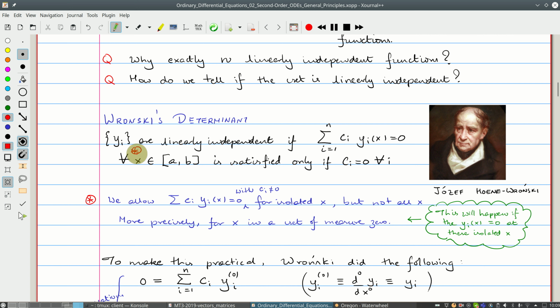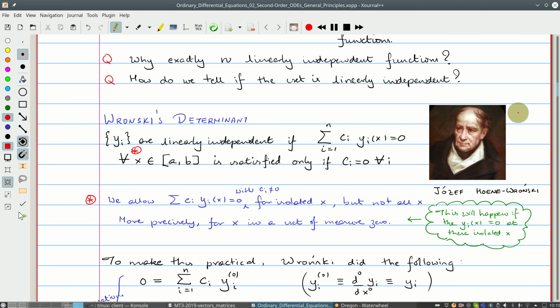I have a caveat here. This is what this asterisk indicates. We do allow exceptions at isolated points. It is possible, even for linearly independent functions, that this sum can be 0 for non-zero ci's, but this will happen only at isolated points, and typically this will happen when the yi's are 0, that means when these functions yi have roots.